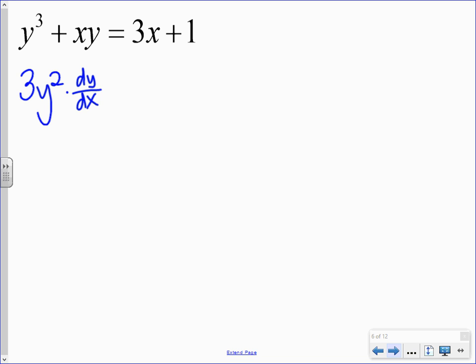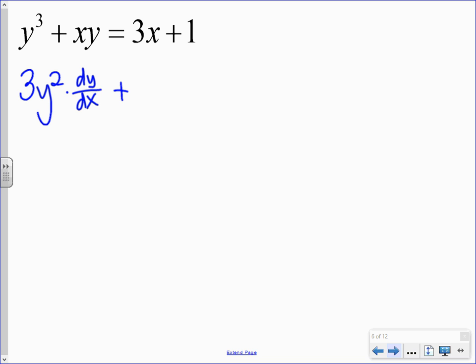Chain rule. Inside of the cube is a y, so we have to multiply by dy/dx. Plus, we have to differentiate xy. We have a product, so we have to use the product rule.